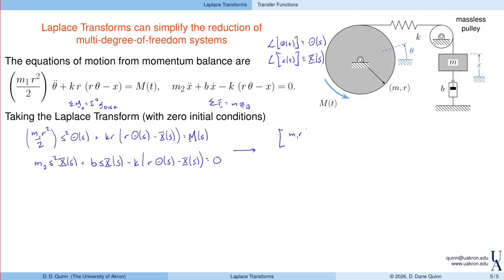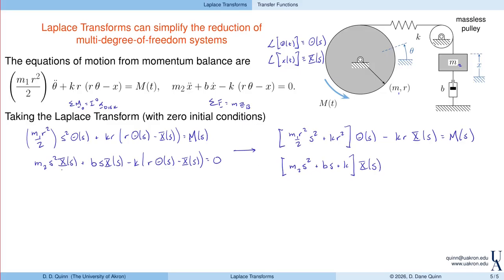In particular we get m1 r squared over 2 s squared plus k r squared times theta of s minus k times r, again here, X of s equals M. And then my second equation becomes, in terms of x, m2 s squared, and here I'm assuming that m1 and m2 are the pulley and block masses, respectively, plus b times s plus k, times X of s.